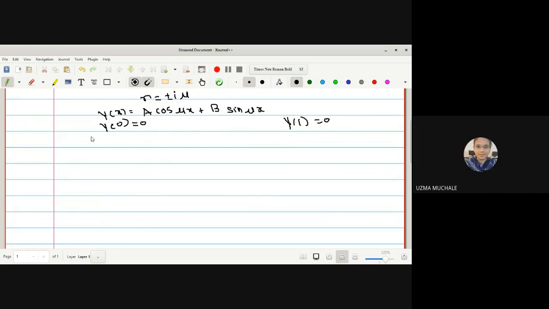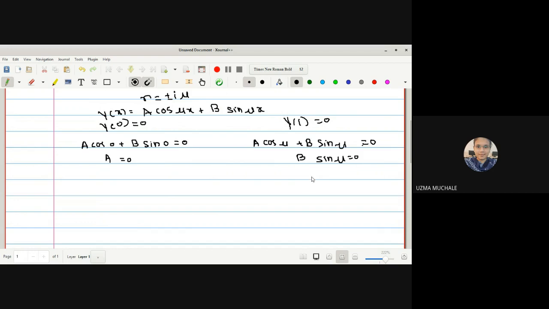So what do I get here? Y of 0 equal to 0 means what? A cos 0 plus B sin 0 is equal to 0, and cos 0 is 1, so we get A is equal to 0. Now if I put y of 1, it is A cos mu plus B sin mu, but here we have already found the value of A is 0, so we can write B sin mu is equal to 0.